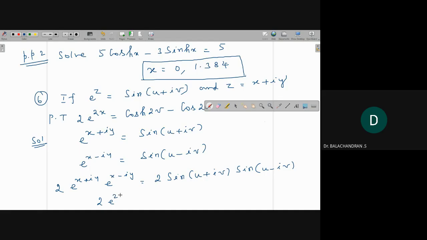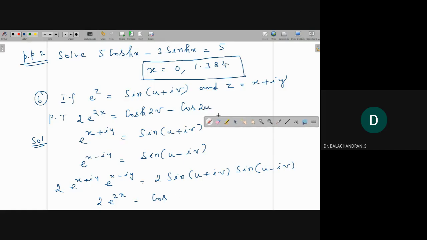So you have e power 2x. So what is the right hand side? You should apply which formula? 2 sin a sin b. 2 sin a sin b is what? Cos of a plus b. Cos of a plus b is what? 2u. Okay.